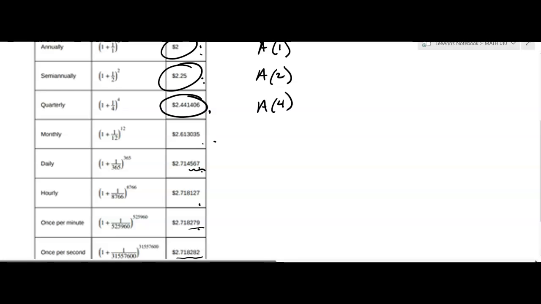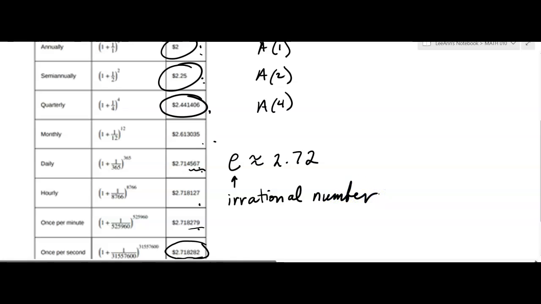It's increasing a little more, but it's approaching a limit, and we usually approximate E, like if somebody says, hey, what's E approximately equal to? It's 2.72 is the normal approximation we use. So E is an irrational number, kind of like pi, a decimal that goes on and on and on.